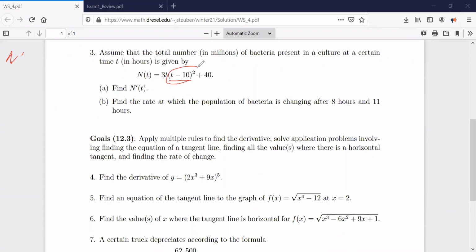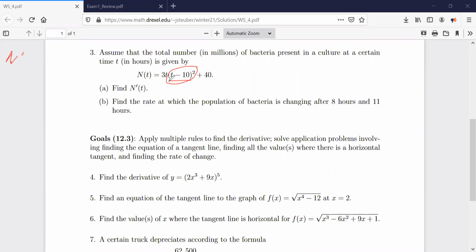But the derivative of the inside here is just 1, right? Yeah. So there is a chain rule, it's just not a very interesting chain rule.